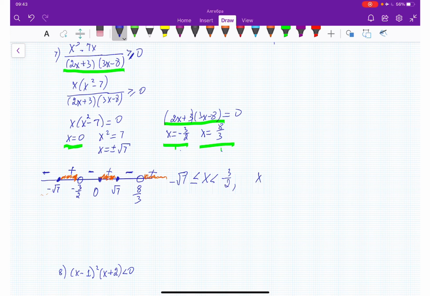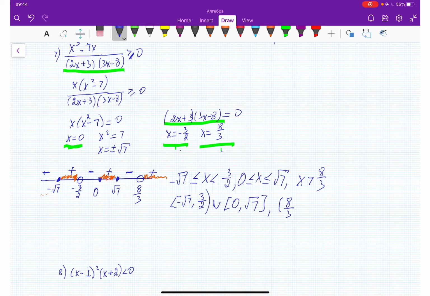And then x is greater or equal 0, less or equal square root 7. And then x is greater than 8 over 3. So in interval format, it's going to be negative square root of 7, negative 3 over 2, parenthesis, and then square bracket, 0, square root 7, bracket, and 8 over 3, comma, positive infinity. Okay, that is the answer.